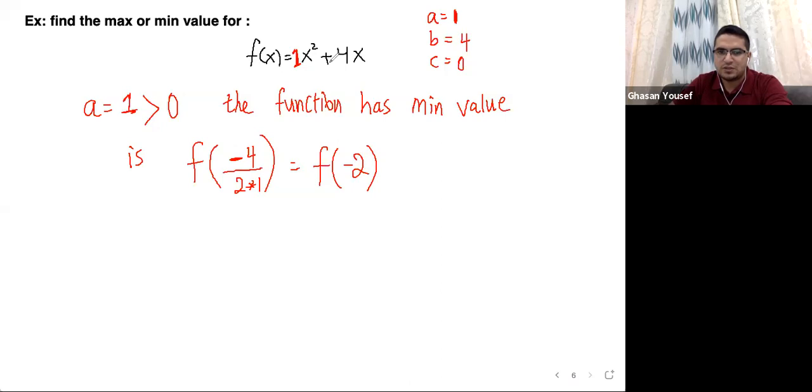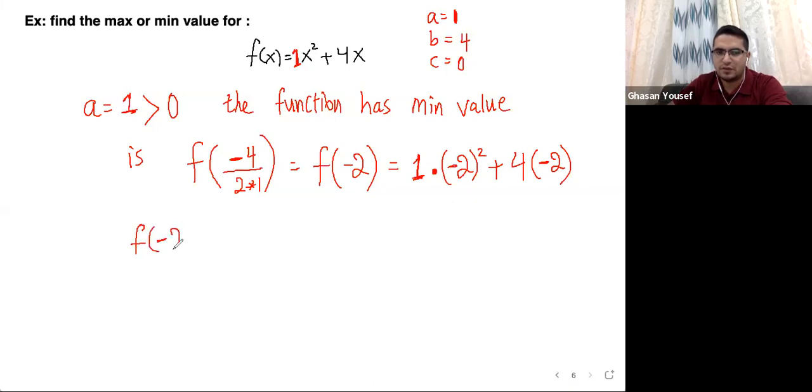Plug the minus 2 inside the function. I will get 1 times minus 2 squared plus 4 times minus 2. What is the value?